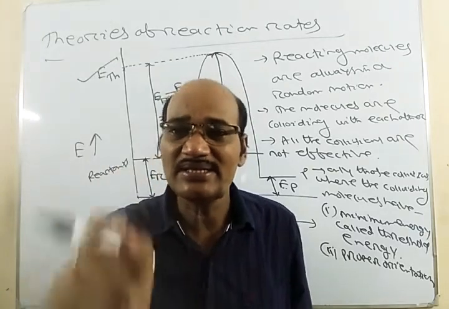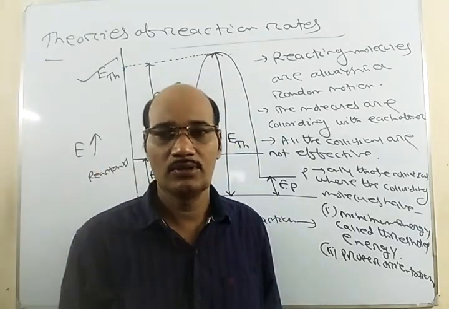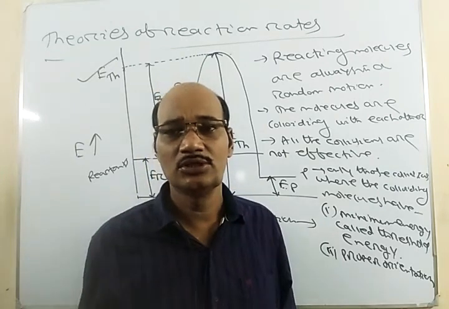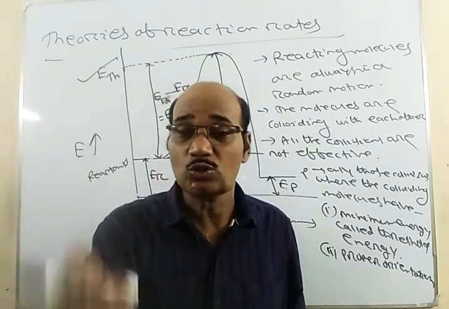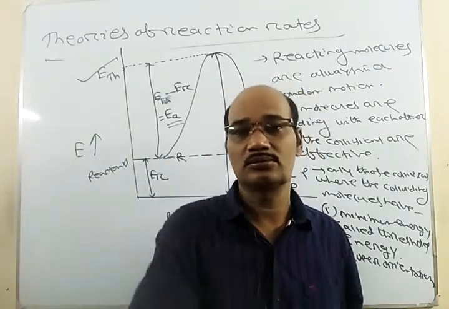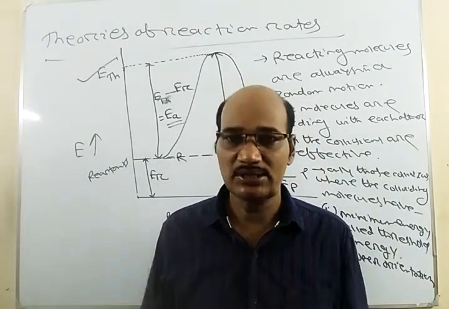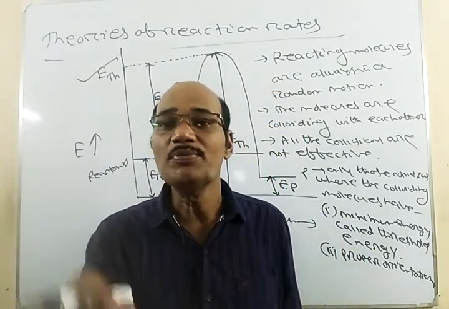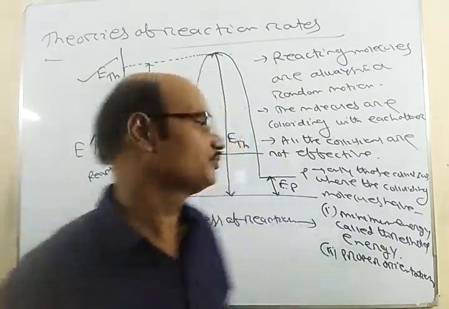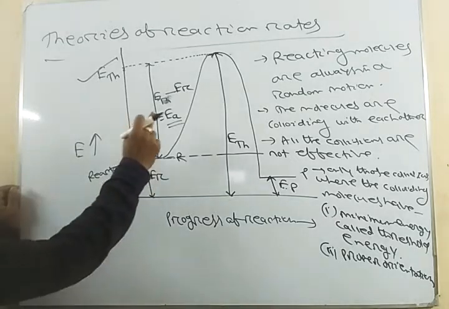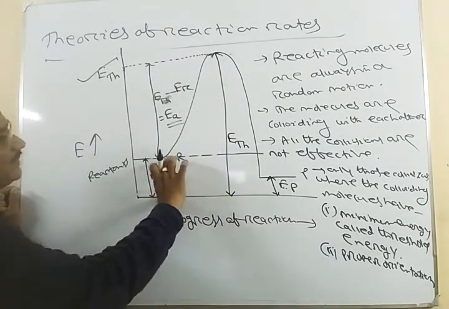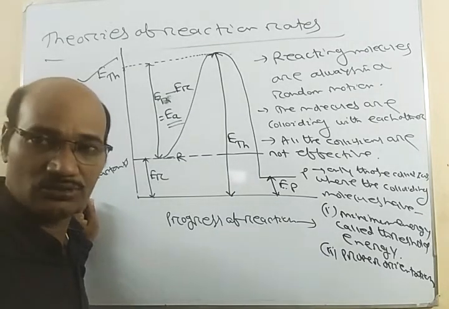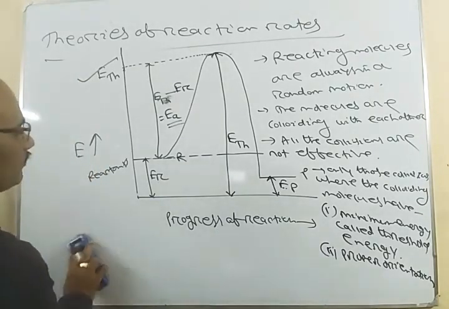So activation energy is the extra or excess energy which must be supplied to the reacting molecules so that they acquire the state of threshold energy and give an effective collision. Here you see ETH minus ER is equal to EA, called activation energy.